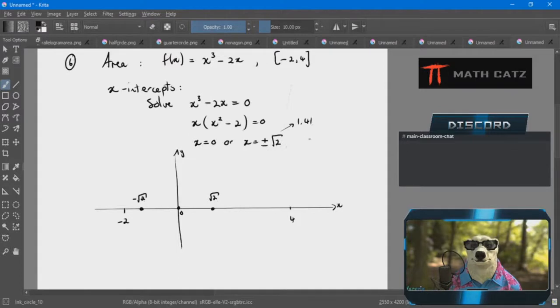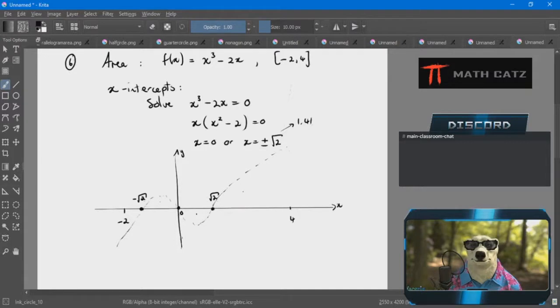Now, I don't care what it looks like. It doesn't really matter. I could have a graph up here going like this and then turning, something like that, which means I'm going to have negative areas, positive areas, negative areas, positive areas, and I need to isolate them all in order to find the total area.